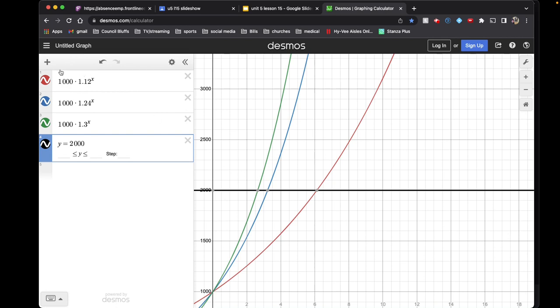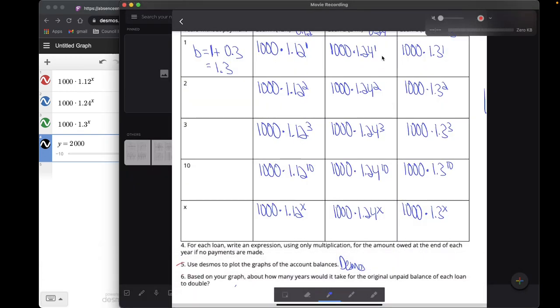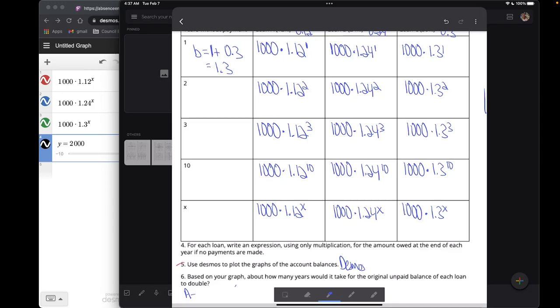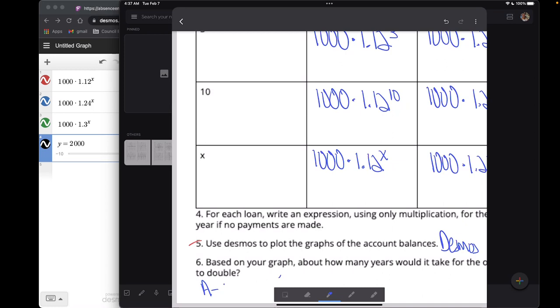If we start with the first one, the one that was going up by 12%, you can see it takes loan A 6.1 years to double, according to Desmos.